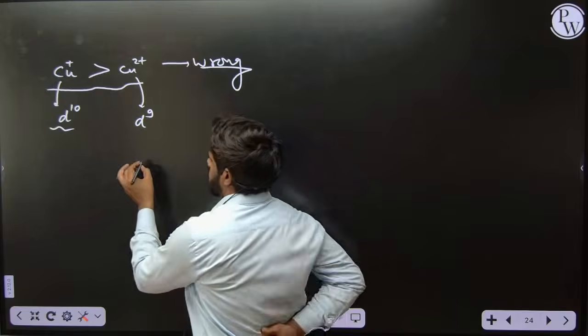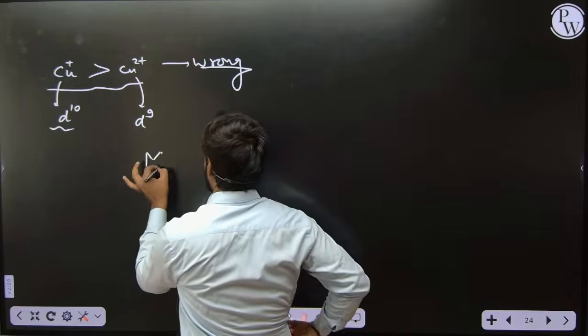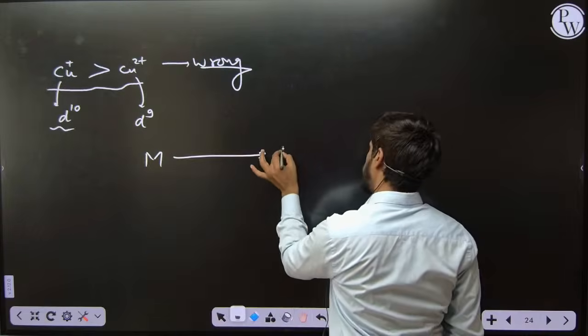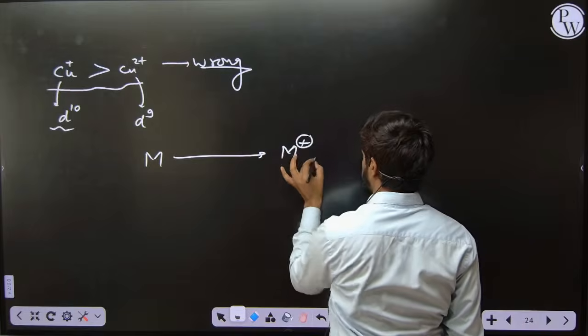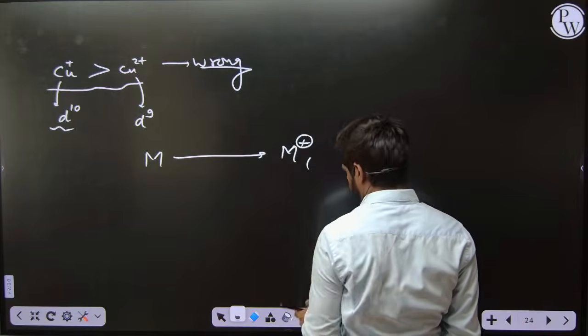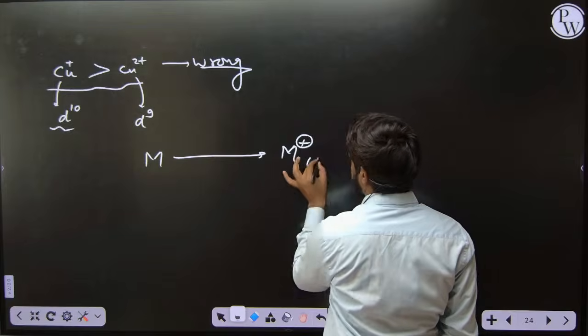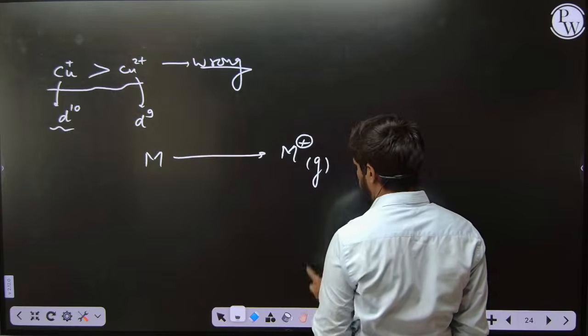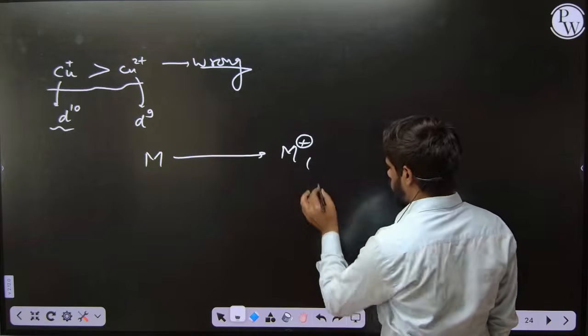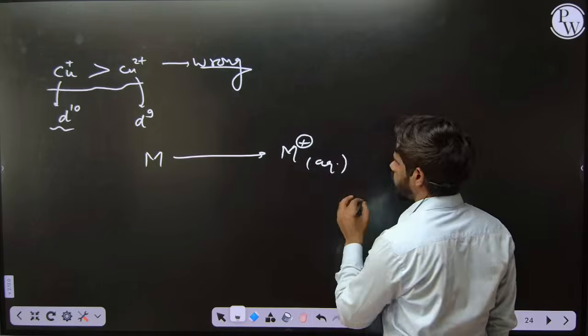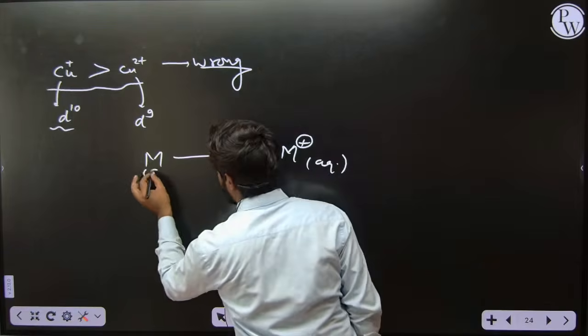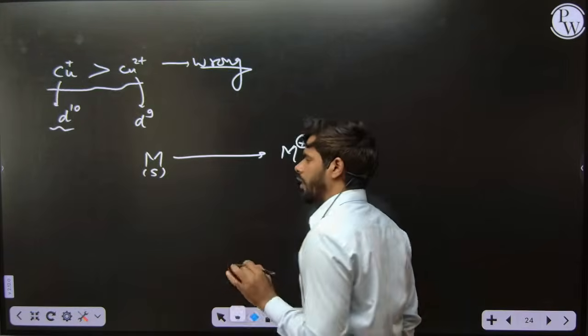Let's see. As we know, a metal is converted into an oxidized state, suppose it is metal plus aqueous ion. So this is given to us. Now first of all, what will happen?